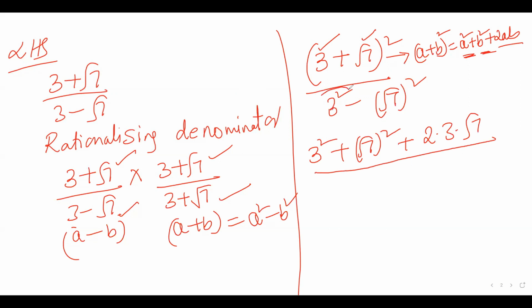3 threes are 9, minus, square and root cancel, 9 minus 7. Is that okay?